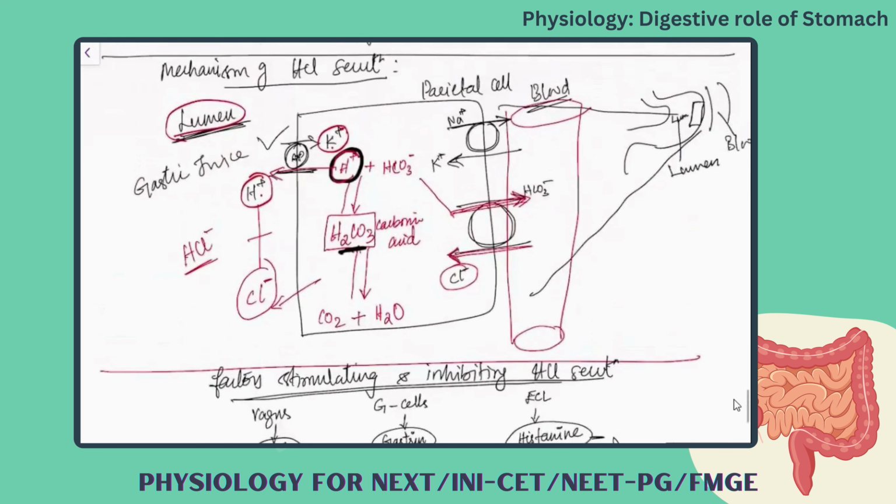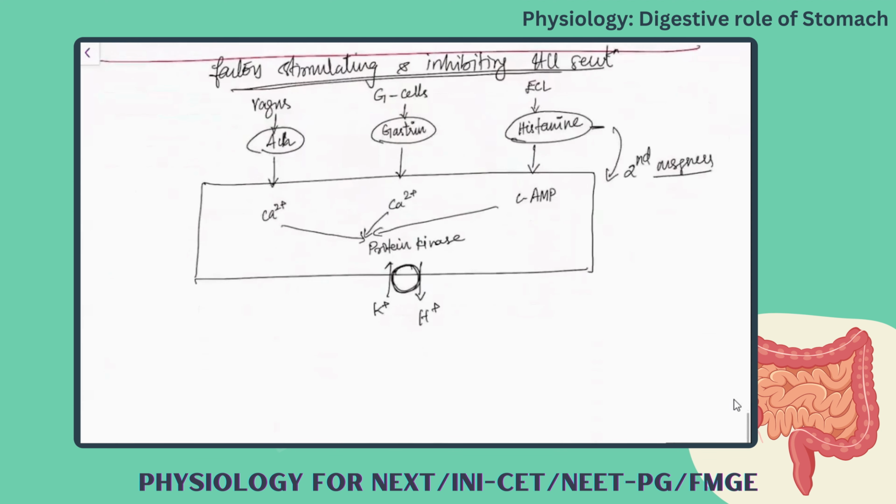Here we have seen this potassium H plus exchanger. This pump is controlled by these factors. Whether the H plus enters the lumen or not is determined by these three factors. You will not just open the potassium H plus exchanger like that and release H plus.